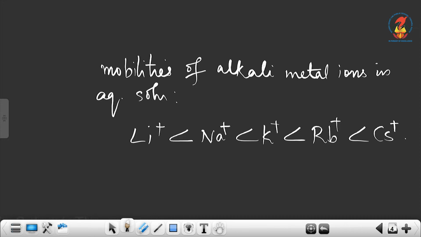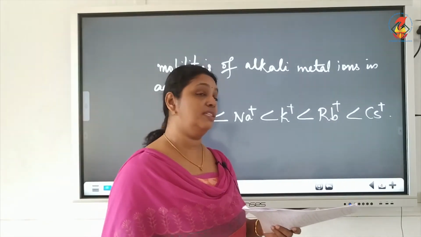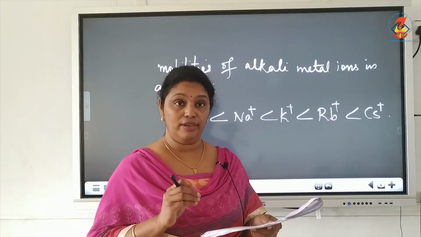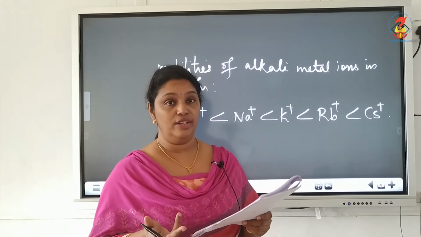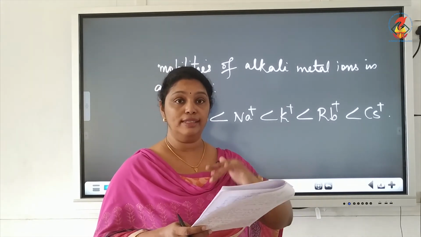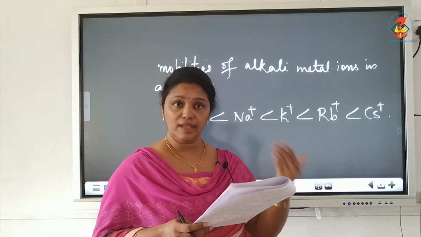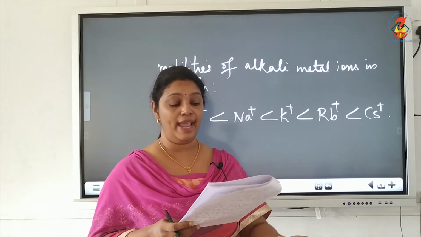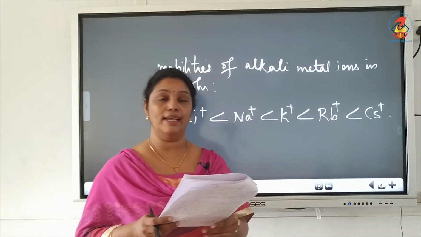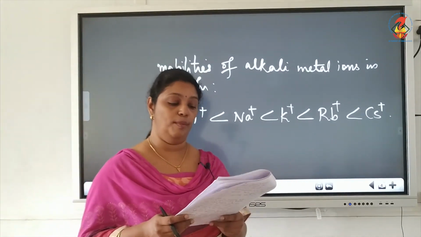Now why is the order like this? The mobility of alkali metal ions in solution is the lowest for lithium ion and greatest for cesium ion. What is the reason? Lithium ion is smaller in size, so high hydration enthalpy and lesser mobility. So the smaller the size of the ion, the higher the hydration enthalpy and the lesser the mobility. So Li plus has smaller size and lesser mobility.